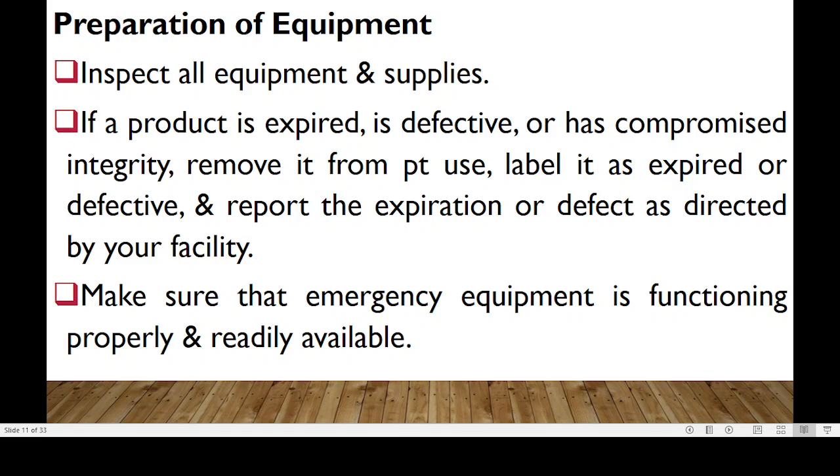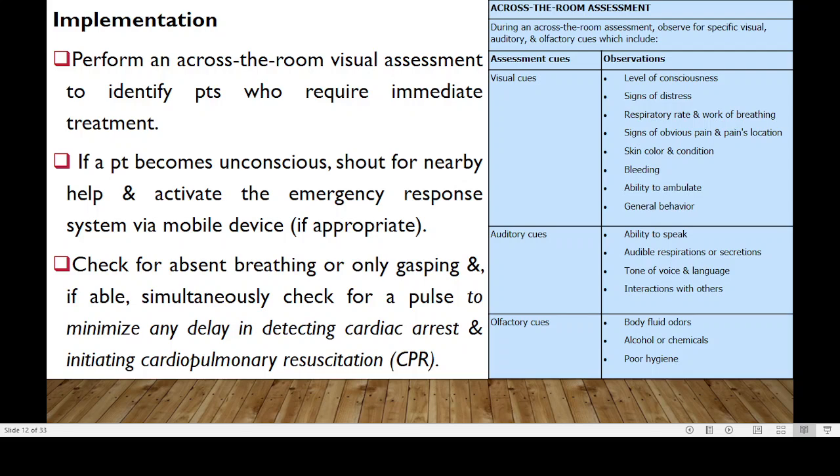In preparation for the triaging process, you have to inspect all the equipment and supplies, so that if a product is expired or defective or has compromised integrity, you remove it from patient use, label it as expired or defective, and report the expiration or the defect as directed by your own facility. Always make sure that emergency equipment is functioning properly and readily available.